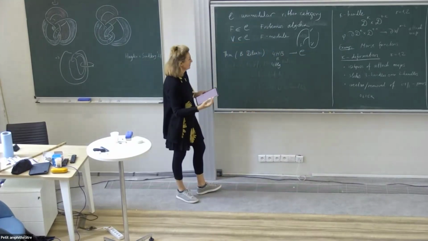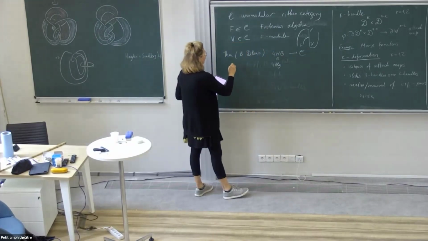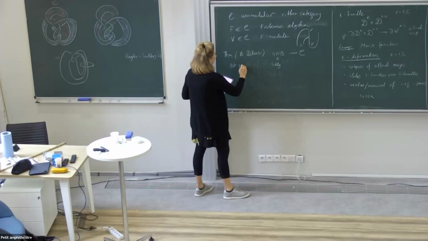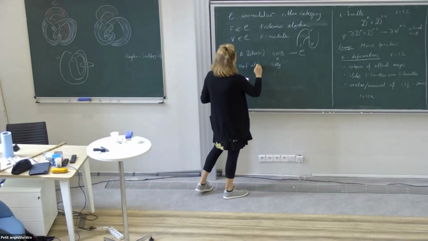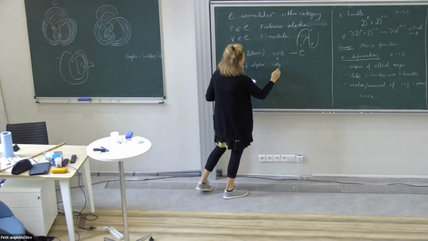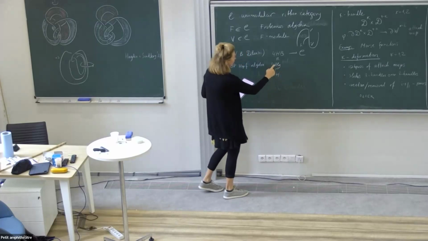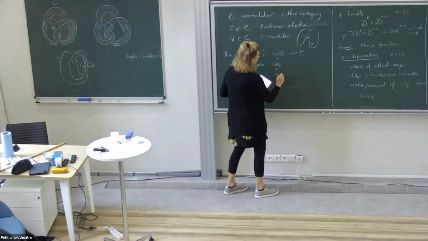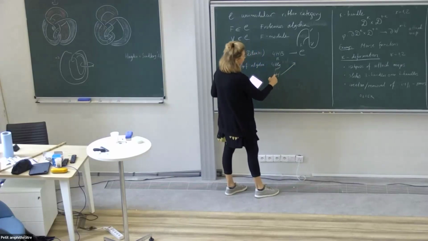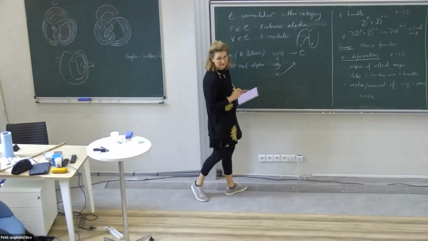It's basically a category which is generated by what we now call the BP Hopf algebra. BP is for Bobchio-Pergolini, and this is the generating object. Any other object is just tensor powers of this one.